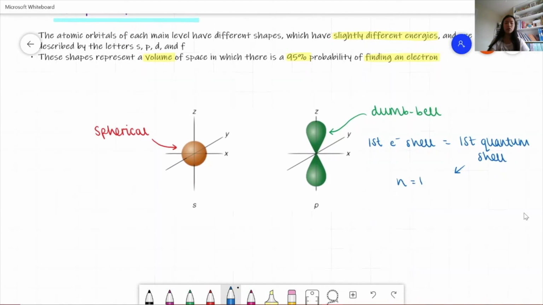So for the first quantum shell, n equals 1, we have 1s2. And so we must have 2 electrons in this first quantum shell. And then looking at n equals 2, we have 2s2 and 2p6, so we must have 8 electrons. And then for the third quantum shell, we have 3s2, 3p6, and 3d10. So that would be 18 electrons.